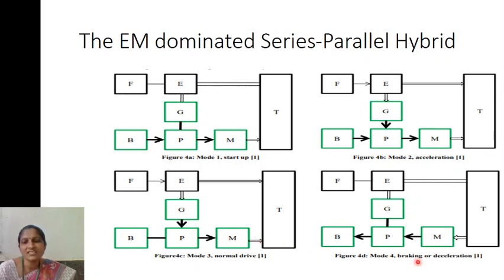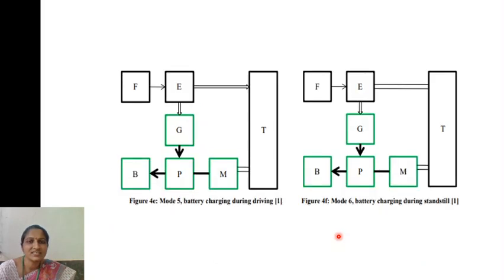During regenerative braking, the power flows in the reverse direction from the transmission to the generator, from the generator to the power converter, and to the battery. So the battery will be charged during regenerative braking. And mode 5 is battery charging during driving. During driving, the fuel from the fuel tank is given to the engine, which supplies the transmission, and it will also charge the batteries via the generator.